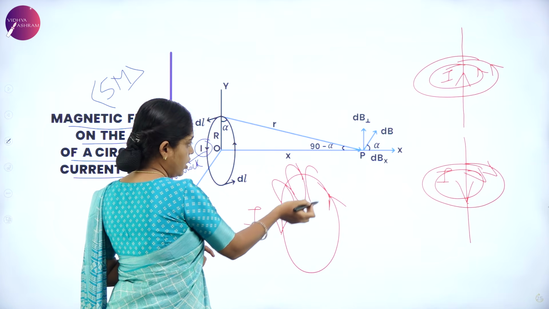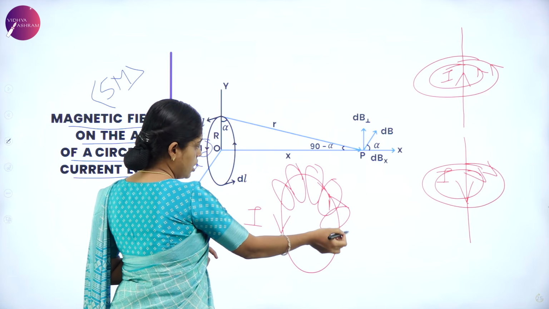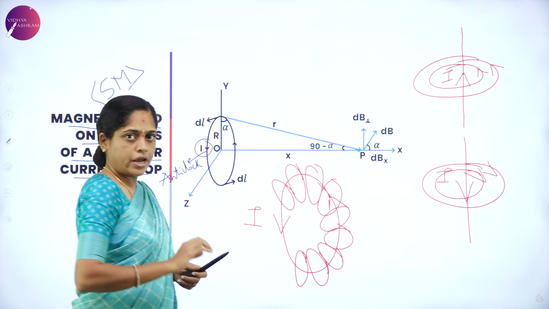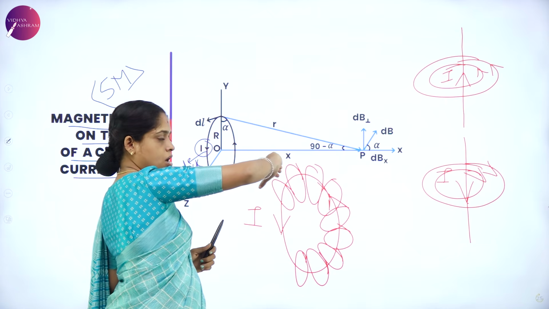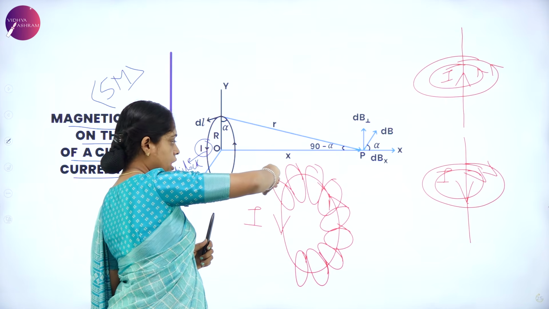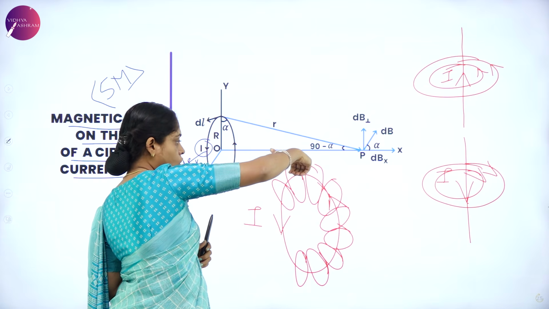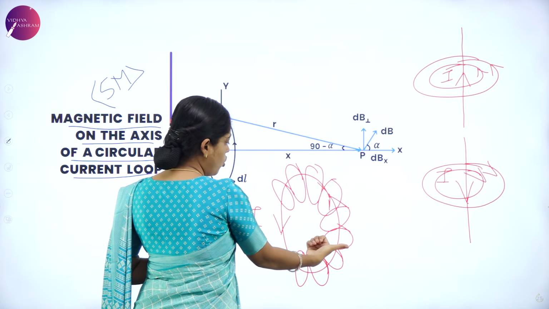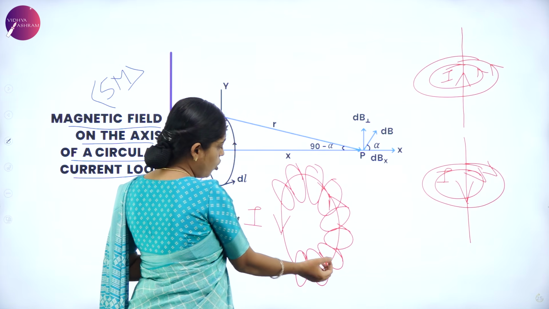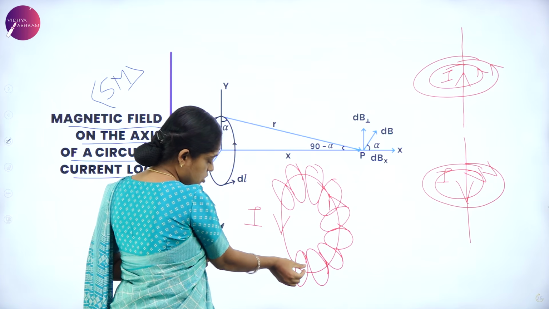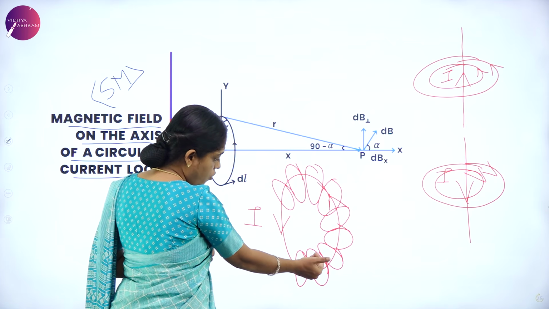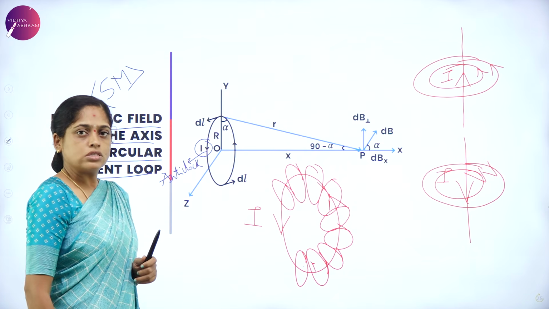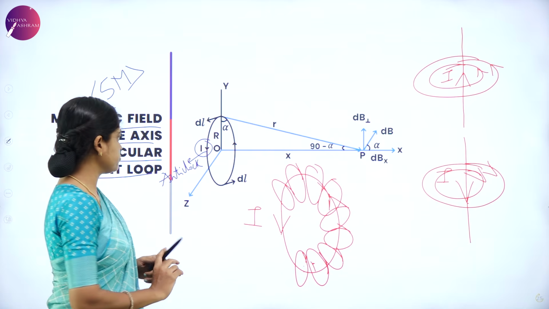The magnetic fields are circular loops. The direction of magnetic field around the circular current carrying loop is in all directions. You can observe that at every point, every part of this is a straight wire, around which the magnetic field is in concentric circles.